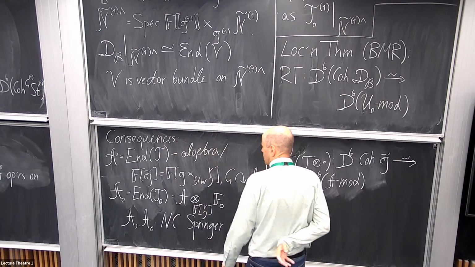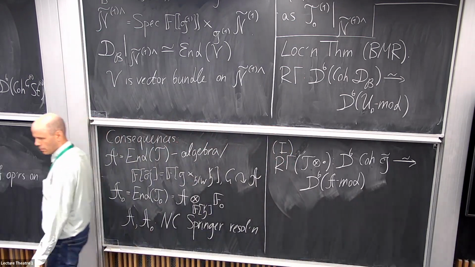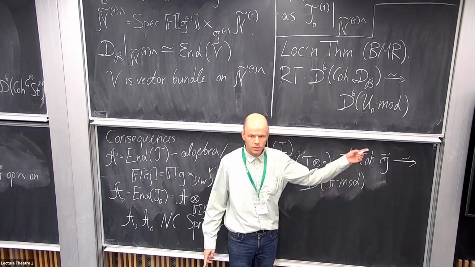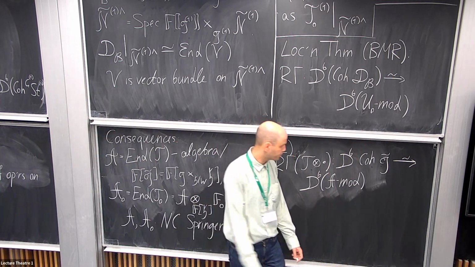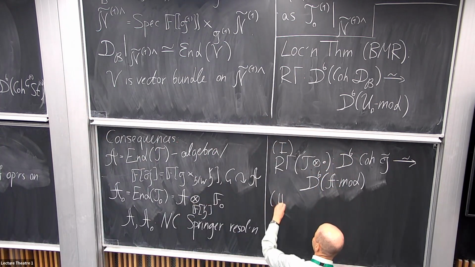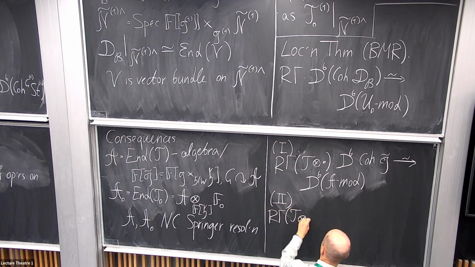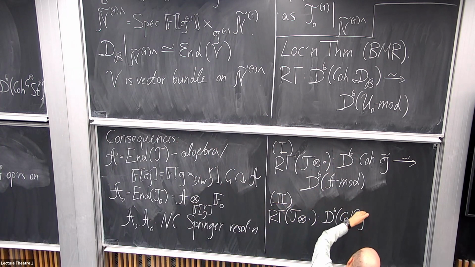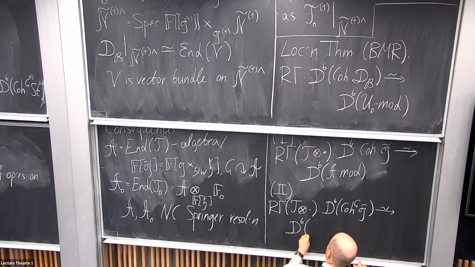Now let's recall that T is a G equivariant vector bundle. Therefore, from here I can, for free, get equivalence between categories of G equivariant objects on both sides. So part 2 is that the same functor is an equivalence between weakly equivariant derived categories.